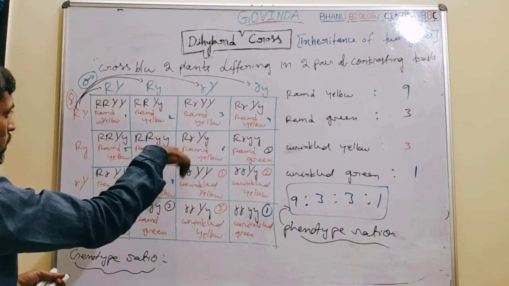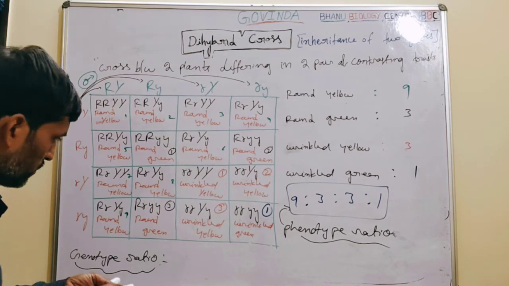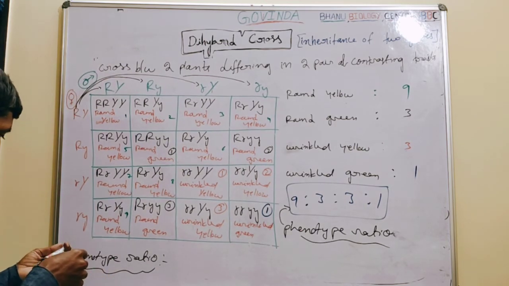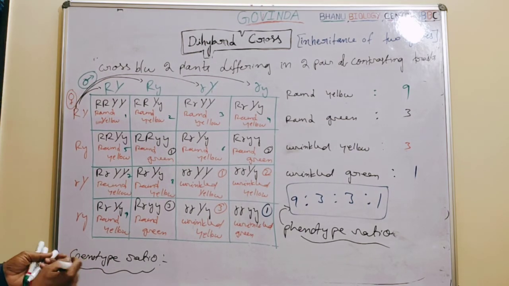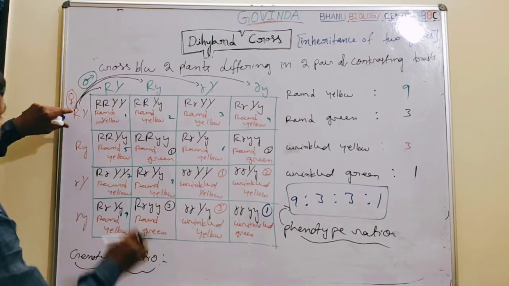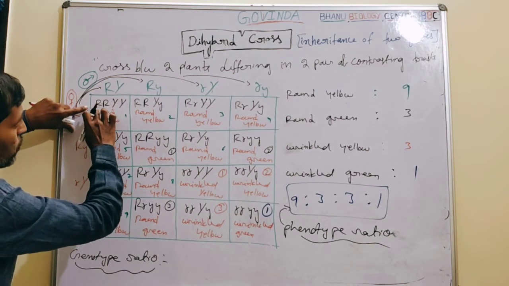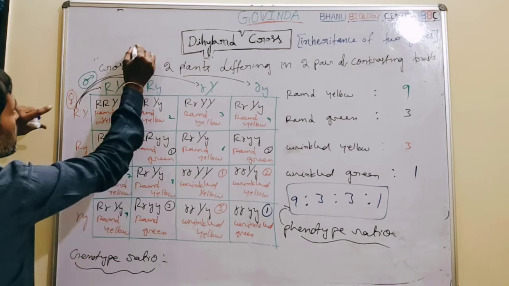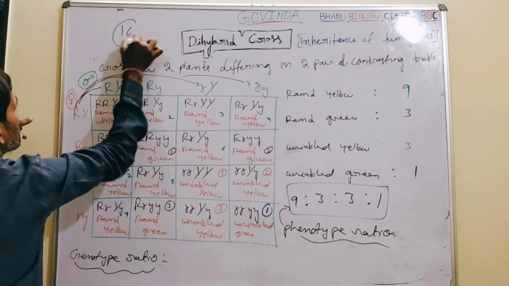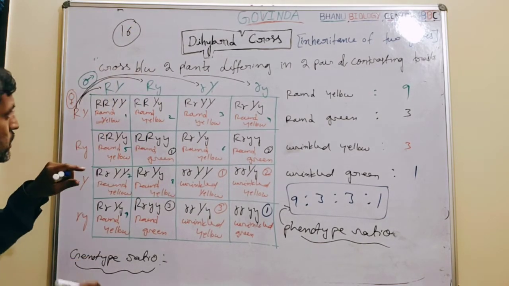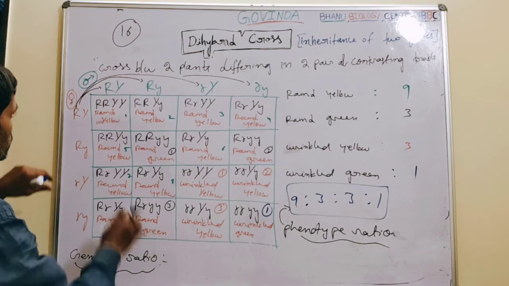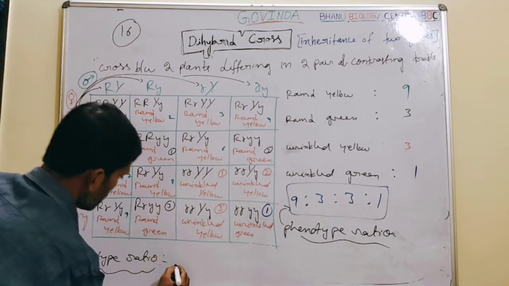Based on the genotypes, we have to write the numbers. So capital R, capital Y. So out of 16, totally 16 plants are there, right? Out of 16, only one is there.